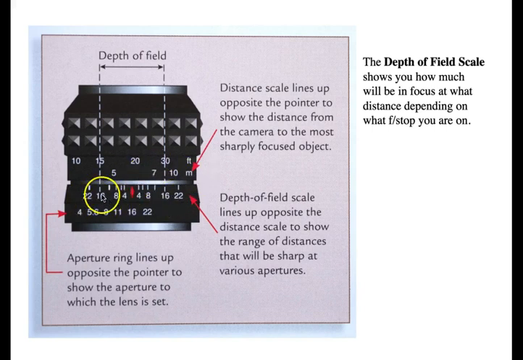So we can see that here at f16, everything from 15 to 30 will be in focus. But if we were to open up to f4, and again, opening up means letting in more light, we would then decrease our depth of field from about 18 feet to just over 20 would be what's in focus.